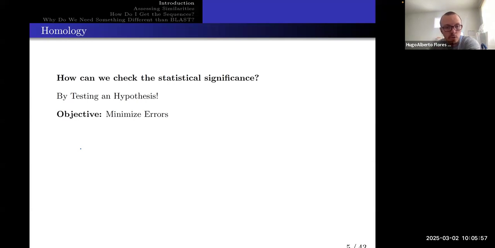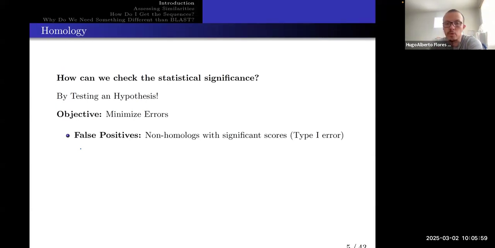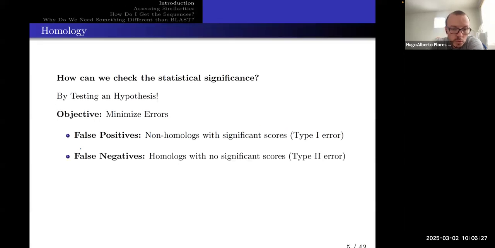Which kinds of errors can we find? Probably you know about that. There are false positives. What is the meaning of a false positive? It is getting non-homologs with significant scores. You compute a similarity score, and it says the two sequences are homologous when they are not. We would like to minimize those errors.